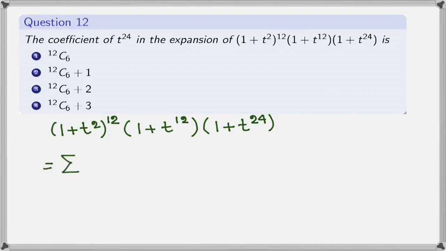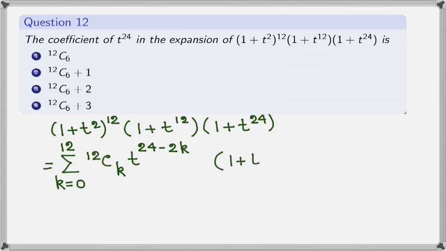(1 plus t square) to the power 12 into (1 plus t) to the power 12 into (1 plus t) to the power 24 is equal to sum running over k, where k runs from 0 up to 12, 12Ck t to the power 24 minus 2k, and then we write the next two products, (1 plus t) to the power 12 into (1 plus t) to the power 24.